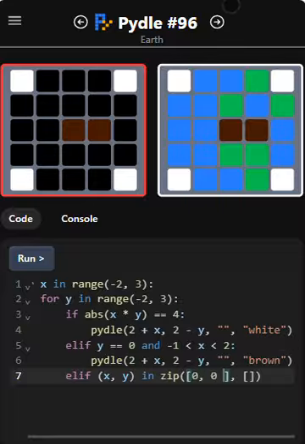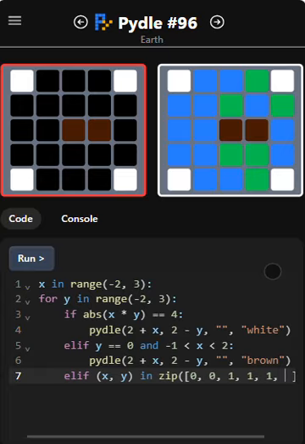So we're just going left to right, top to bottom. So those two are 0, 0. And then we've got 3 at 1 and 1 at 2.